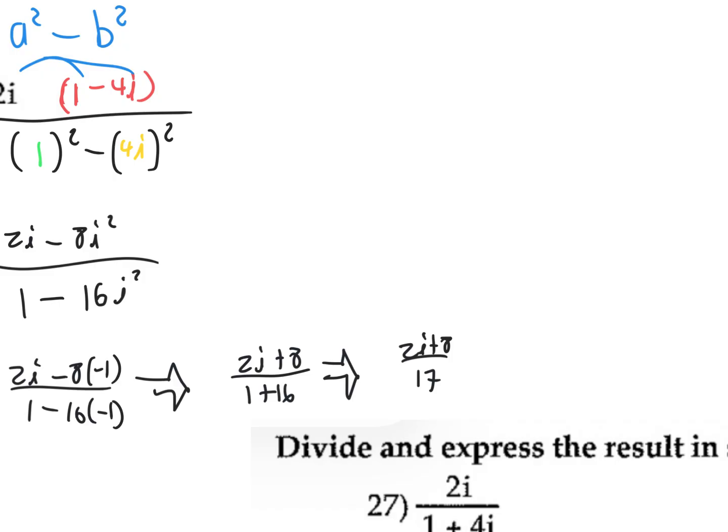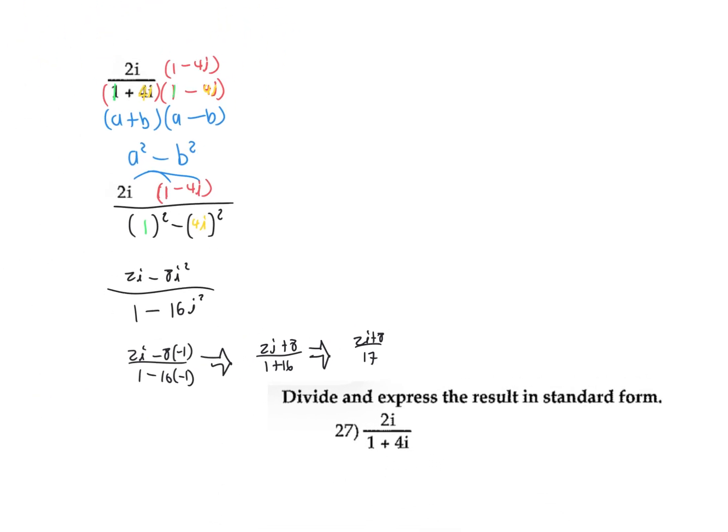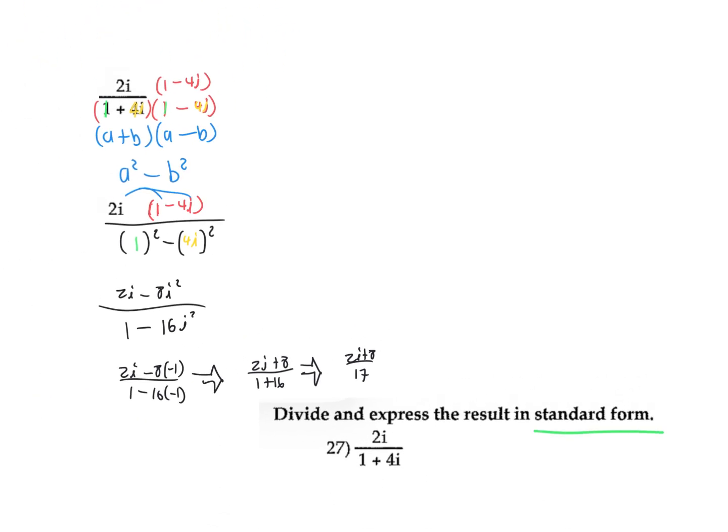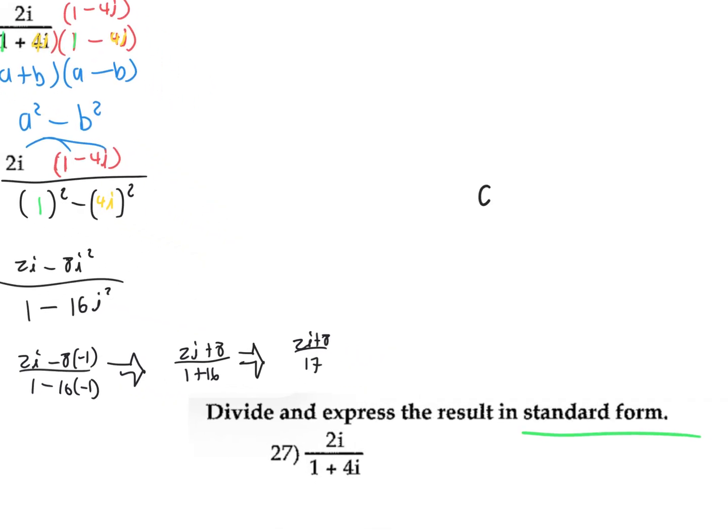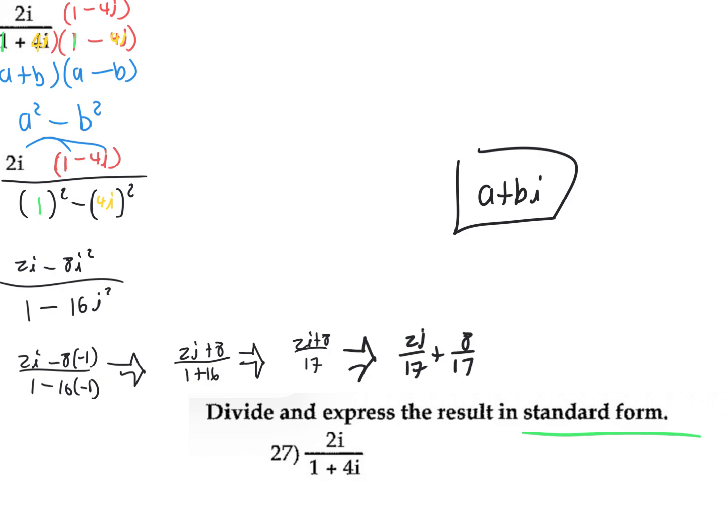And what the teacher is probably looking for, because there's this mentioning of standard form, is code for turn it into something that looks like this, okay? That's the standard form of a complex number, where you have this real part and you have this imaginary part right here. Well, one way of getting closer to that is to split this so that it's 2i over 17 plus 8 over 17.